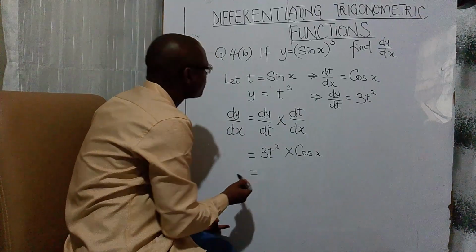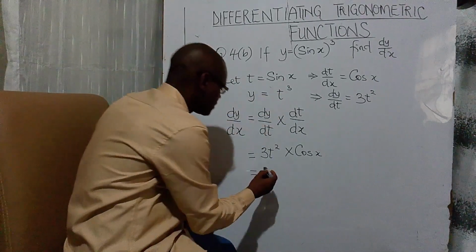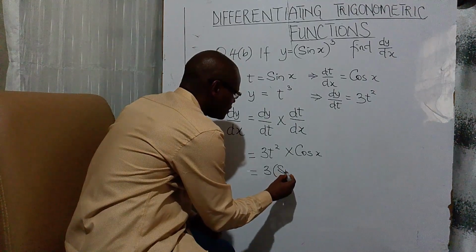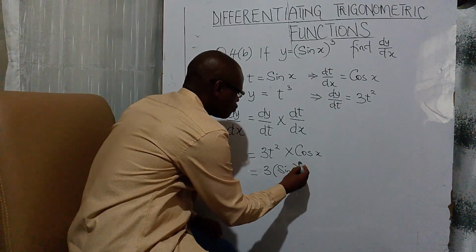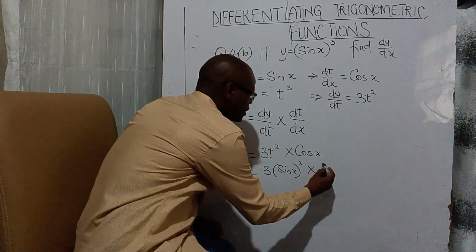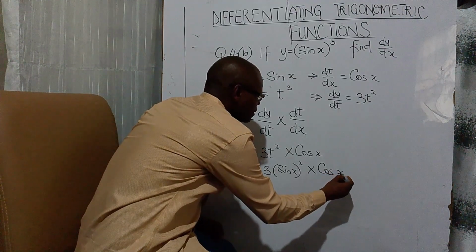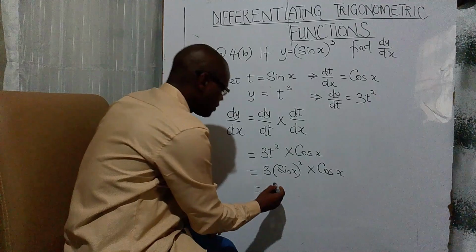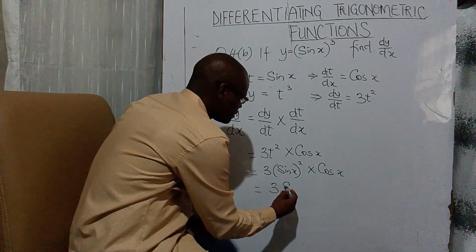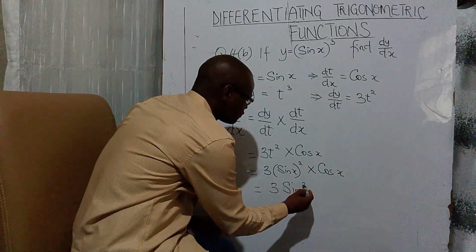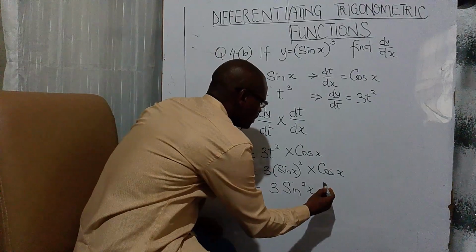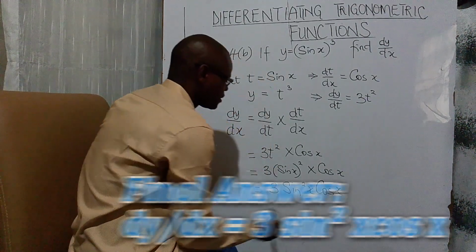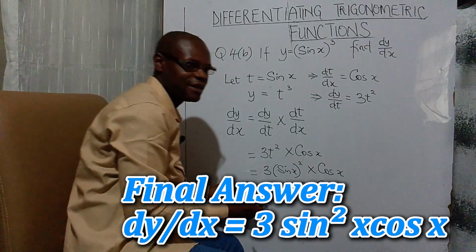So our t here is sine x. We now have 3 into sine x squared multiplied by cos x. We can finalize this by writing it as 3 sine squared x cos x. So this is our final answer.